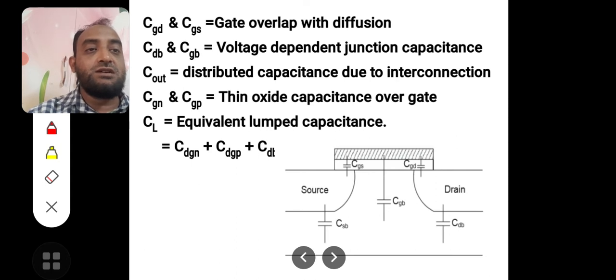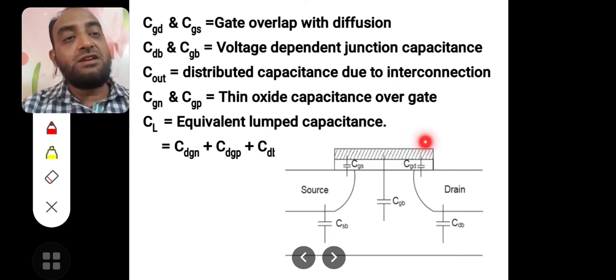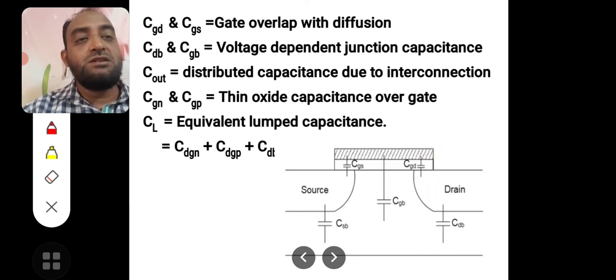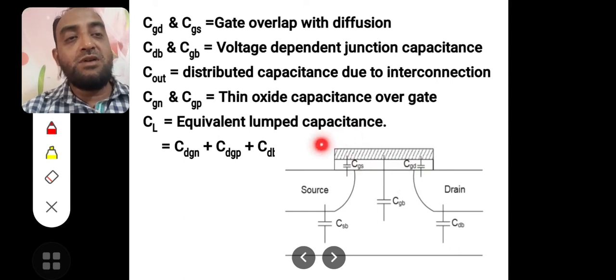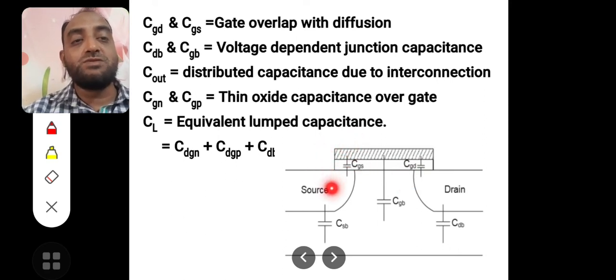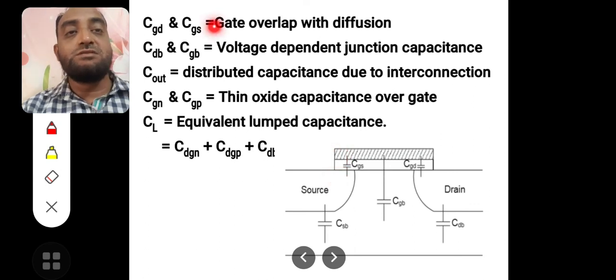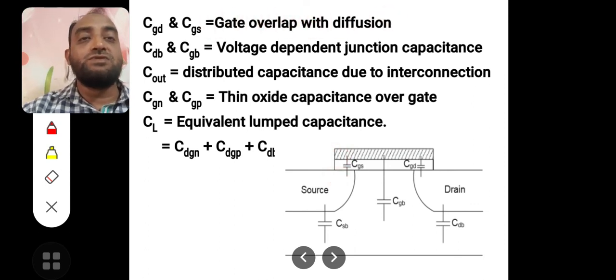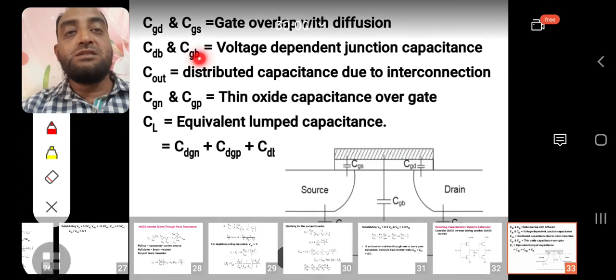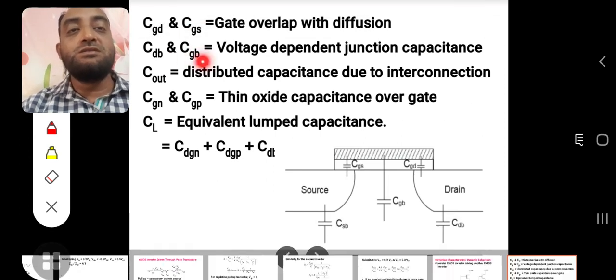CGD, gate to drain capacitance. Because some part of the gate overlaps the drain region, a capacitance is formed, which is called CGD, and similarly a little part of the gate overlaps the source also, that forms the gate overlap with diffusion capacitances.